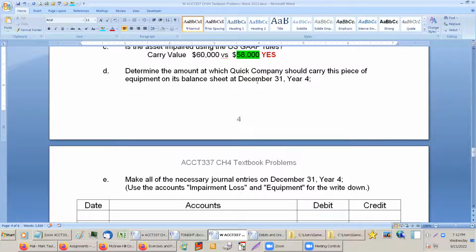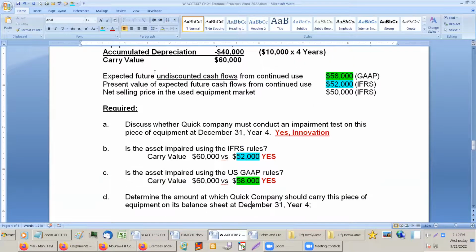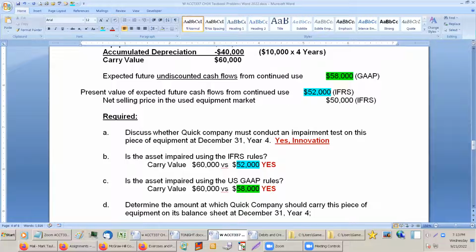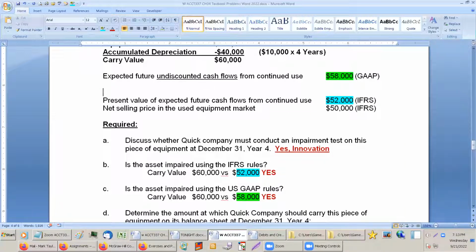Okay, so we're looking at this company, and here's their choices. So the revaluation is the higher of these two.